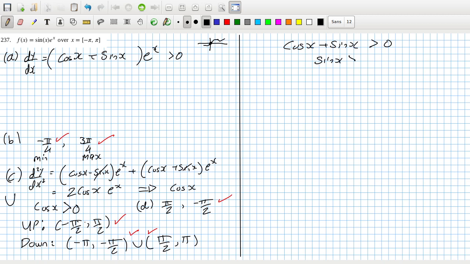Sine x more than minus cos x. Can't divide by cos. So I'm going to have to split it.